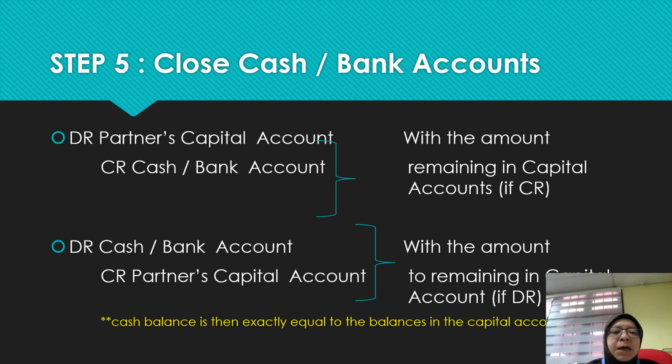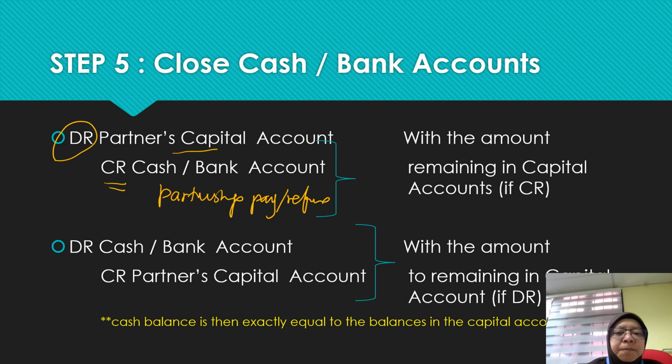If the balancing figure is on the debit side, just the same as I explained just now, your cash bank will be credited, showing the partnership will pay or refund to partners.